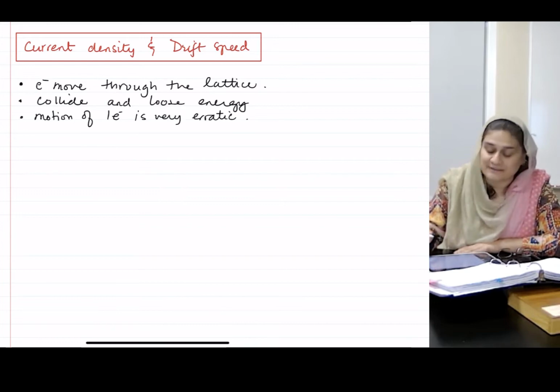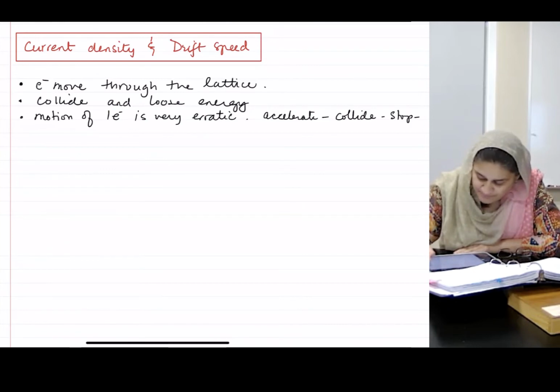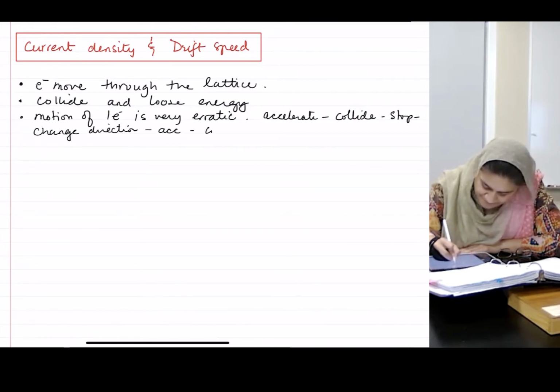It's constantly accelerate, collide, stop, change direction, then accelerate, collide, stop.